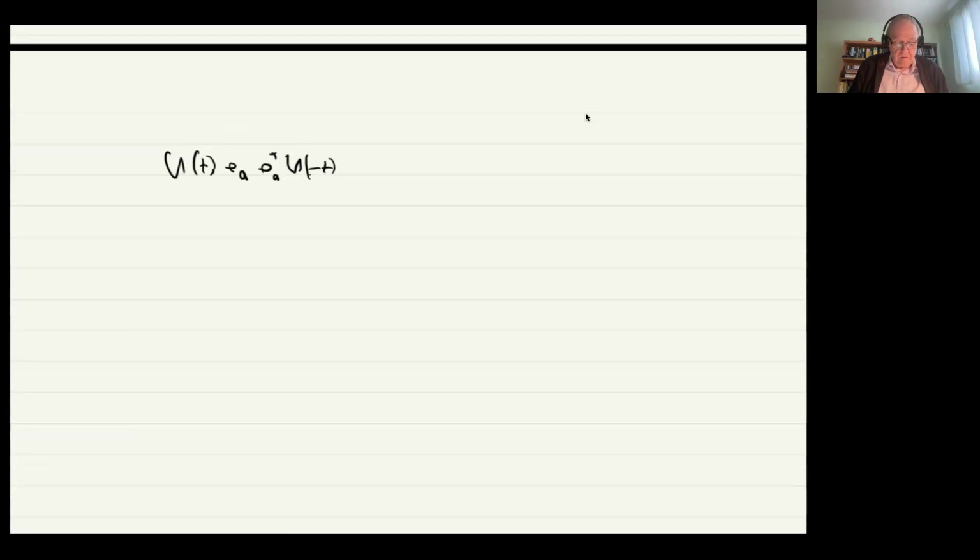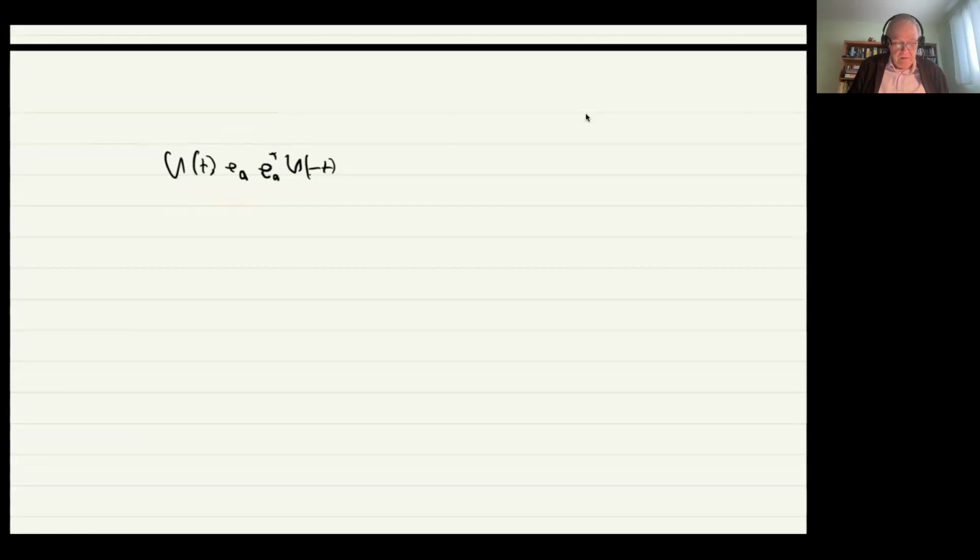Let's think about the case where we're thinking about PSD with a pure state. So I can even take E_A transpose U(T) E_A. If I have this, it is the outer product of this vector with itself.